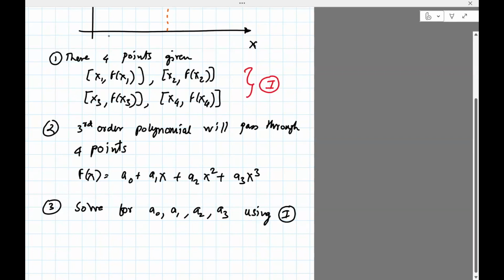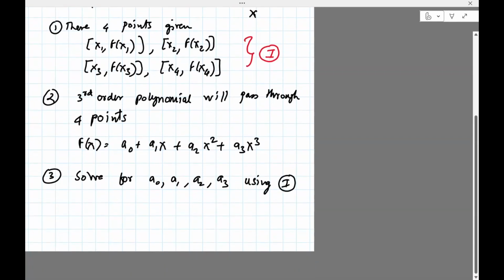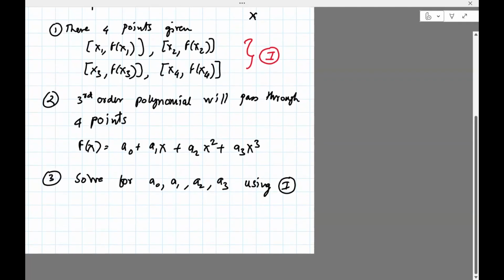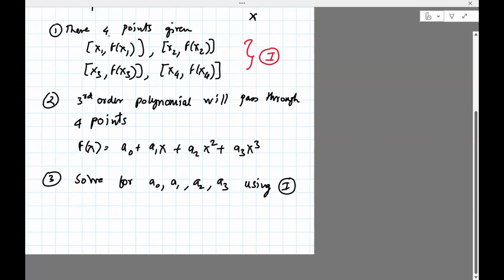Using 1, once we have computed a0, a1, a2, a3, we can then evaluate f of x at any point. We can also evaluate f dash x, which is simply a1 plus 2a2x plus 3a3x square. And so now we have an analytical formula for f dash x.